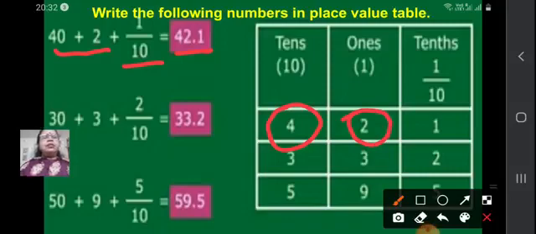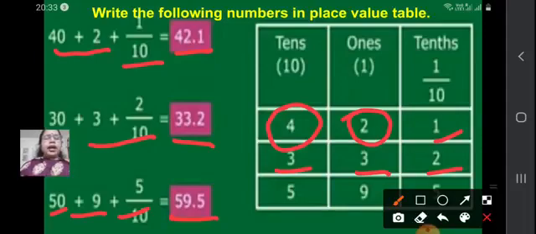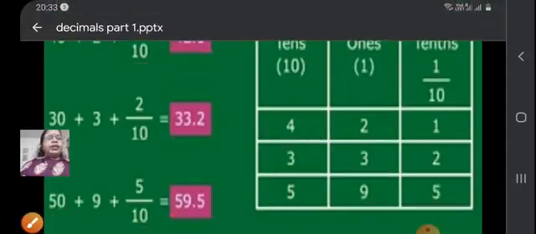And in tenths place we have 1. Similarly, 30 plus 3 plus 2 upon 10 can be written as 33.2. So, we have 3 tens, 3 ones and 2 tenths. Then the next number 50 plus 9 plus 5 upon 10 will be written as 59.5. So, we have 5 tens, 9 ones and 5 tenths.